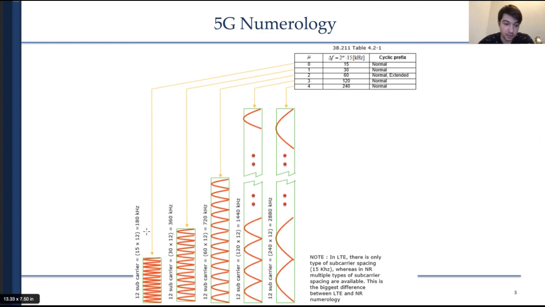For traditional LTE it was 180 kilohertz, and for 5G it's going to be up to 2880 kilohertz. That's of course the biggest difference between LTE and NR.